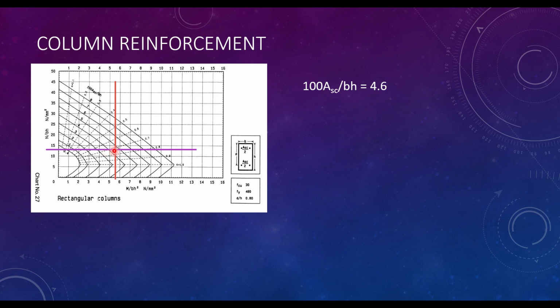So you equate whatever you get in the chart to 100 Asc over BH. Asc is the area of reinforcement that we are trying to determine. So making Asc the subject of the formula and substituting the values of B and H, we are going to arrive at Asc, that is the area of reinforcement required for the column, as 3174 millimeter square.